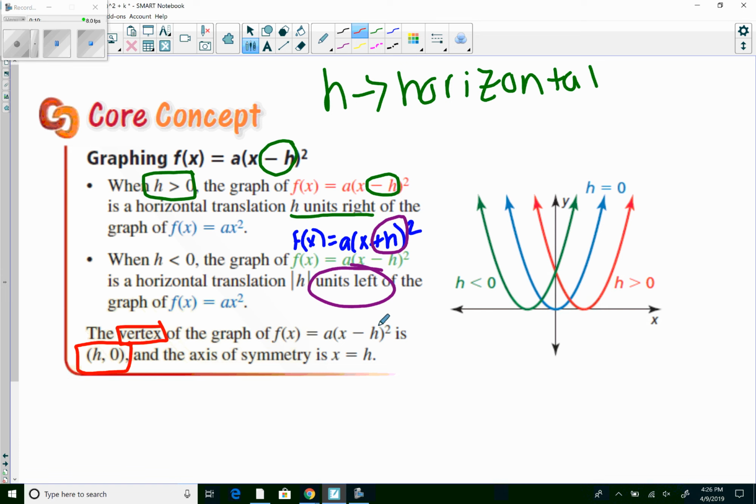Whatever your h value is, that's going to be your x coordinate, and then 0 is going to be your y coordinate. And then same thing over here, axis of symmetry is just going to be x equals your h value. Okay, again, axis of symmetry, we always write as a line. We should always write that as x equals.